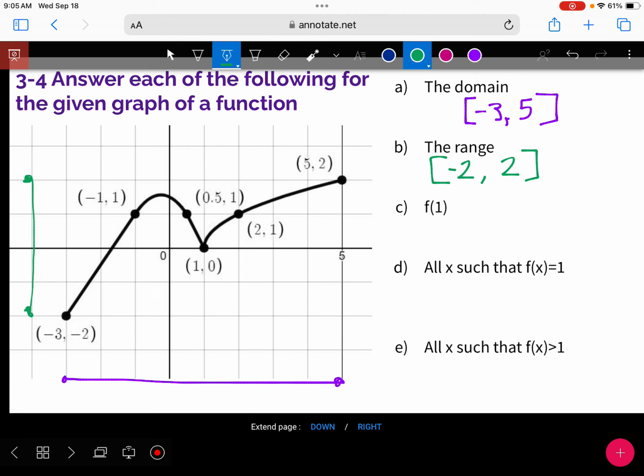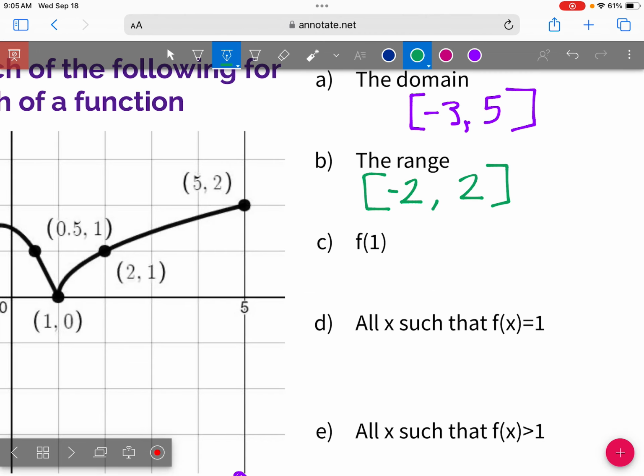So now we've got this f(1). We used this kind of notation yesterday. What do we do with something like this? What is this trying to tell us? y is equal to f of 1, right?